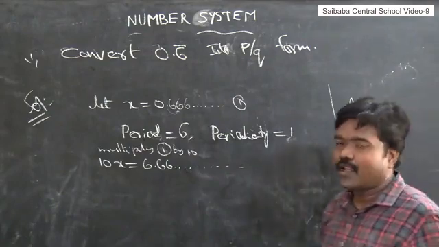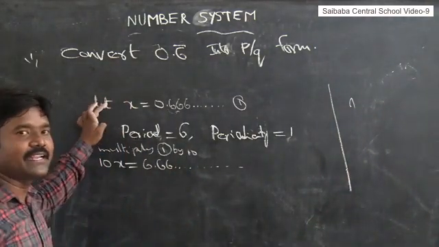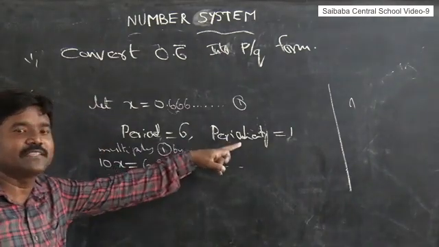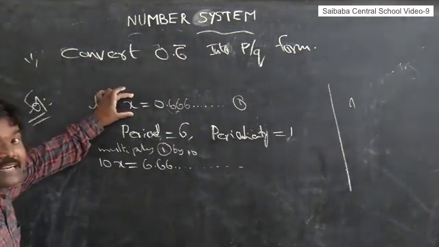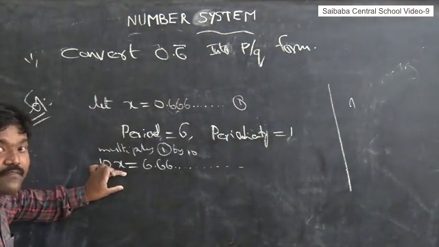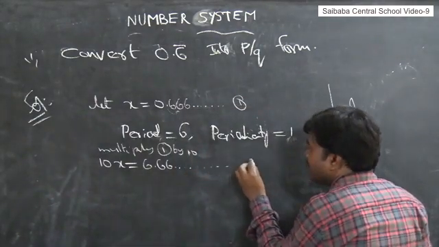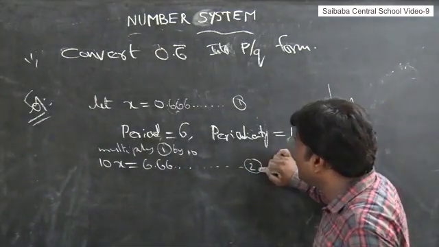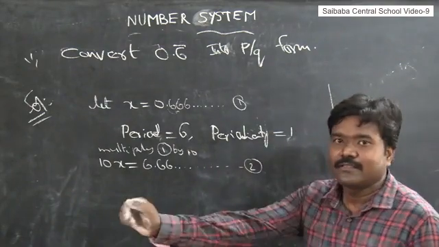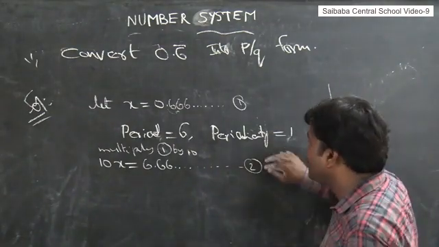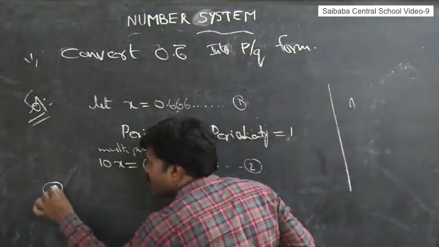That's it. Once again I repeat: first take x, write the periodicity, afterwards multiply with the constant. Then write one more time the x value below this for subtraction. Subtract equation 1 from equation 2. 2 minus 1.